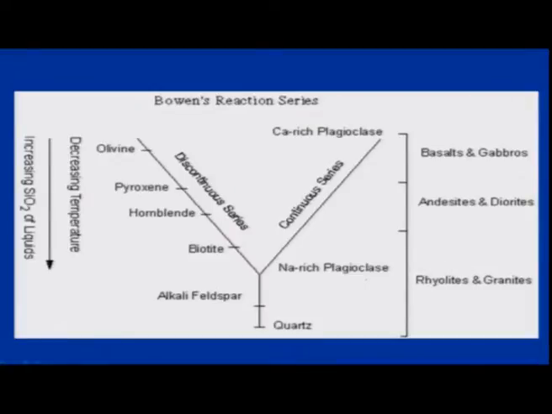So this is again a comparison of the Bowen reaction series, the different types of minerals which have formed along the continuous series and the discontinuous series here, and with the different compositions, different rocks are named here. We will talk in detail about what is basalt, gabbro, andesite and diorite, rhyolite and granite.